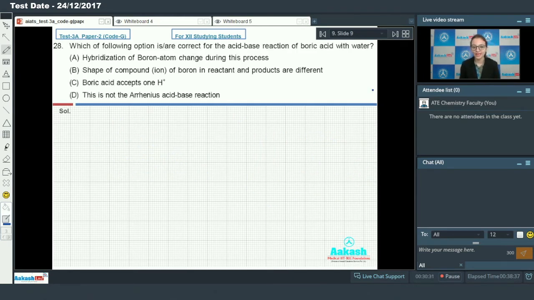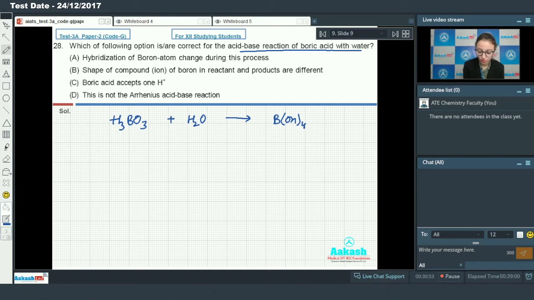Next, question number 28. Which of the following option is correct for acid-base reaction of boric acid with water? The reaction is H3BO3 boric acid reacts with H2O to form B(OH)4 minus plus H plus. Now first option, hybridization of boron atom change during this process.